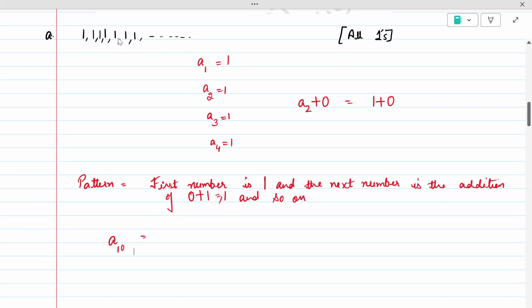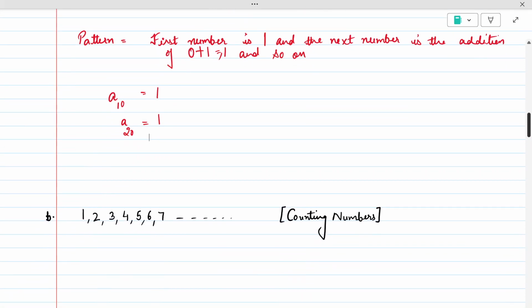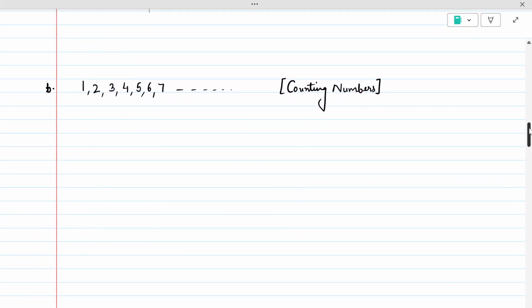Since it is the sequence of all ones, that means at the 10th position also we will get 1. And if I ask the 20th position, again it is 1, because it is a sequence of all ones. Correct?